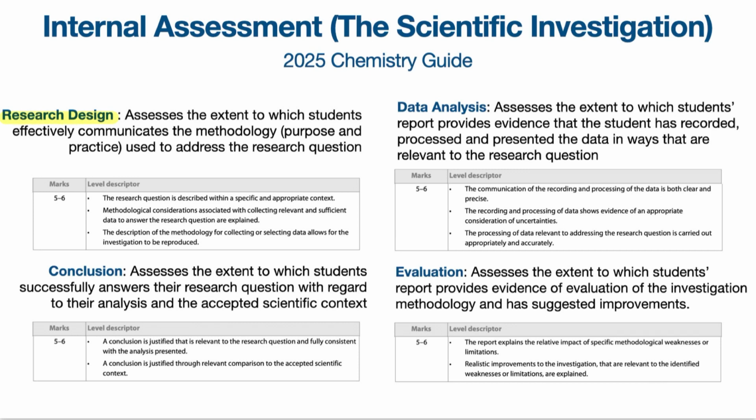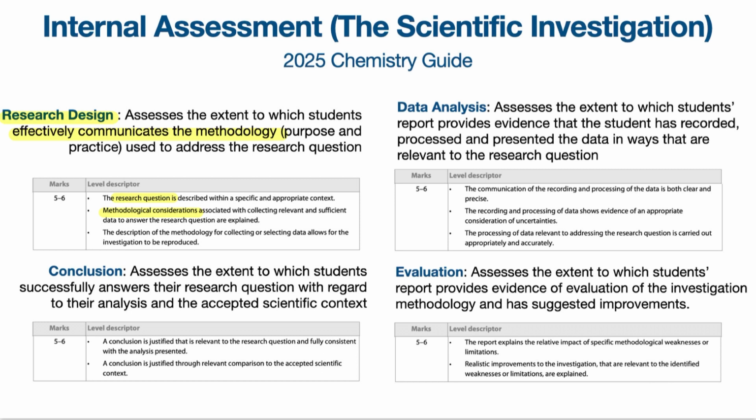The criterion research design assesses the extent to which students effectively communicate the methodology used to address the research question. So, to get a high score in this criterion, first, students need to have a clear, specific, and appropriate research question. Second, students need to clearly state their methodological considerations on how they're going to collect relevant and sufficient data that matches their research question.